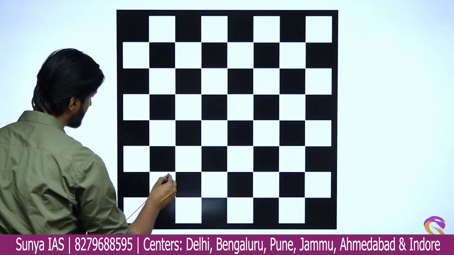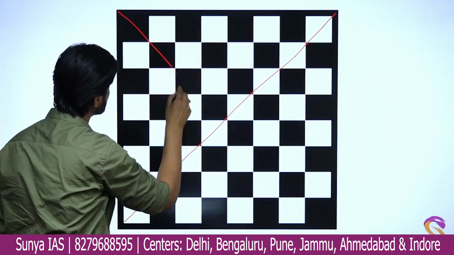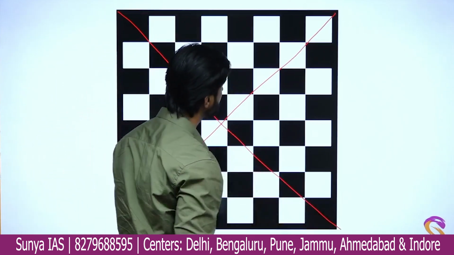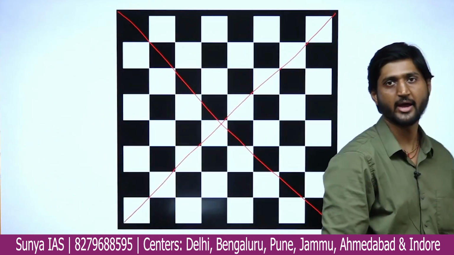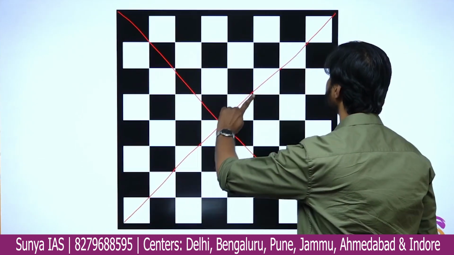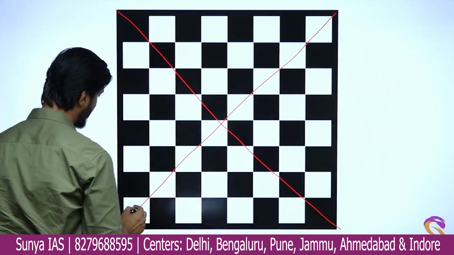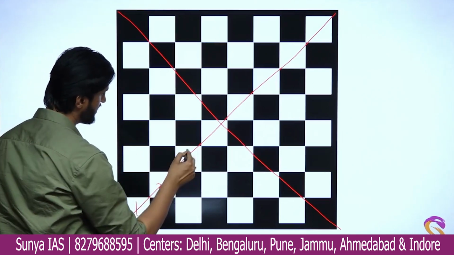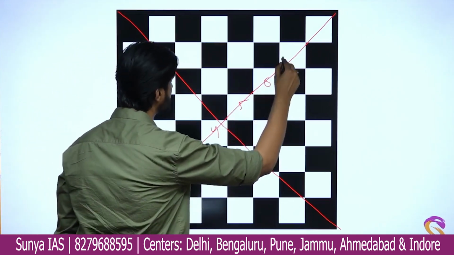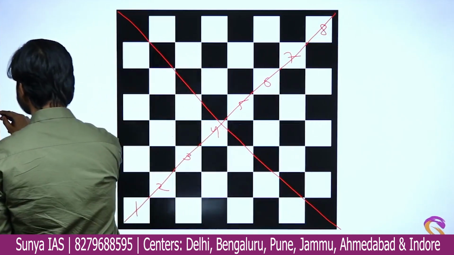So here we have one diagonal and here we have another diagonal, as you can see. One is white and one is black. And so he's saying that along the diagonal you have to choose a straight path. So this is the straight path along the diagonal. And as you can see, along each diagonal you can have 1, 2, 3, 4, 5, 6, 7 and 8 squares. Similarly here also you will get 8 squares.